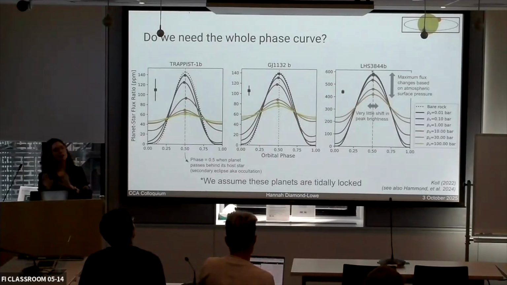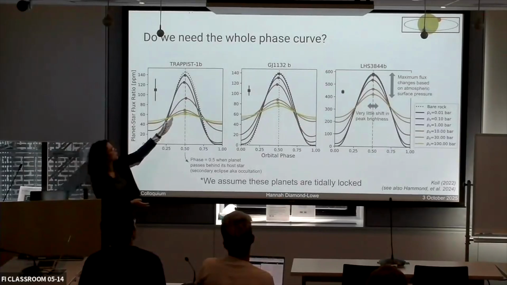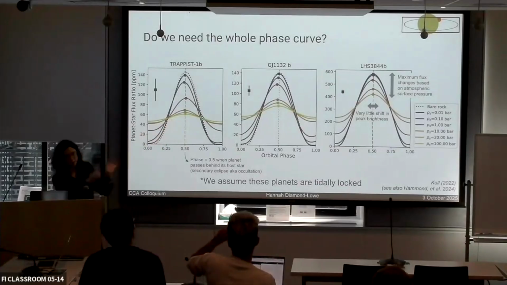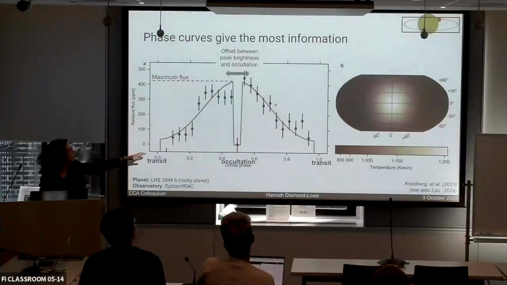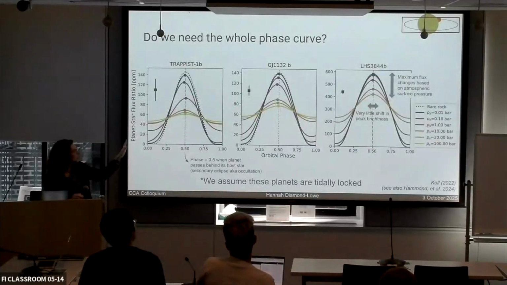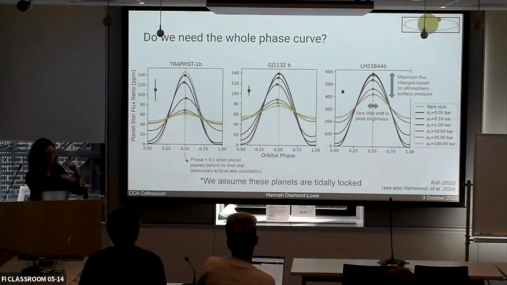Okay, so this is what I call a theory paper, because you should have an occultation here, right? You'll never see the back of the planet or the front of the planet if it's behind the star, but it's fine. You have the planet to start, it's just like this, except they haven't made the dip. Planet-to-star flux ratio as a function of orbital phase, just like the previous figure, but in theory form.